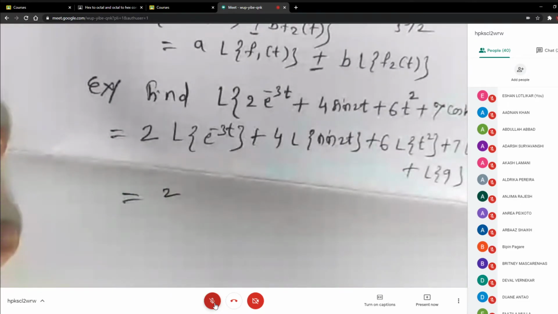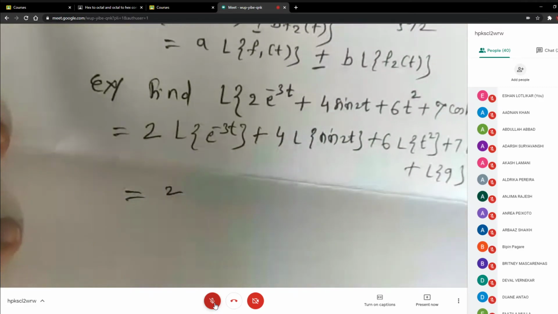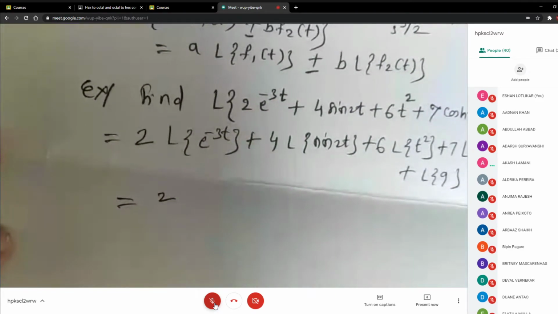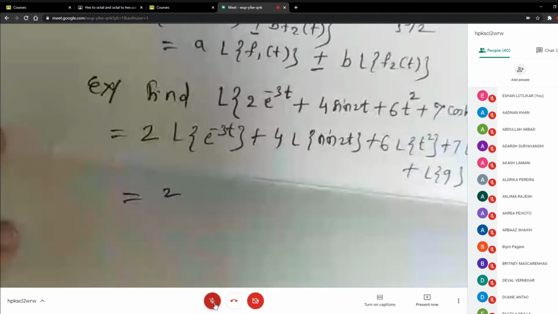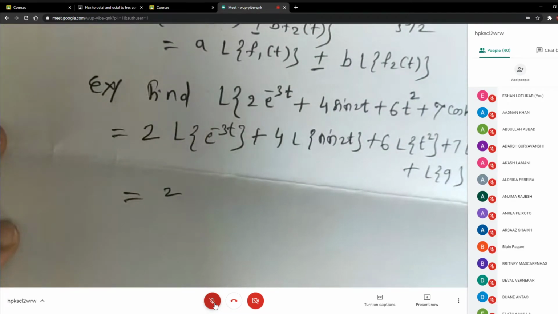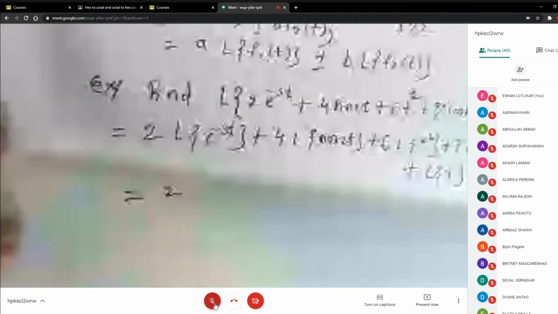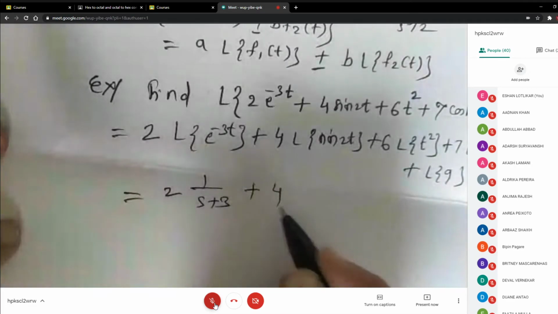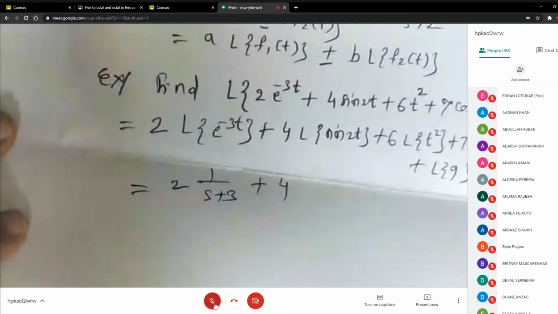Now who will tell me Laplace of e raised to minus 3t? 1 by s plus 3. Yes, Akash is telling 1 by s plus 3, plus.